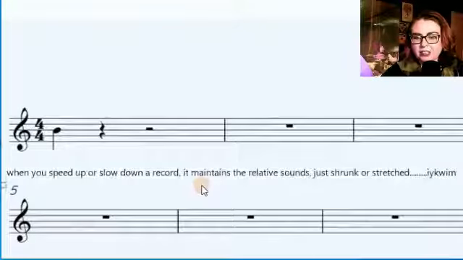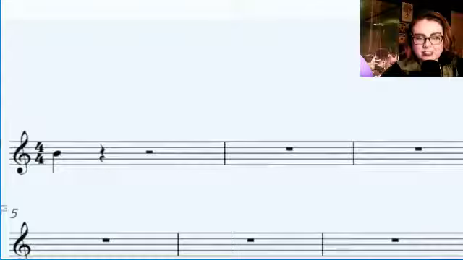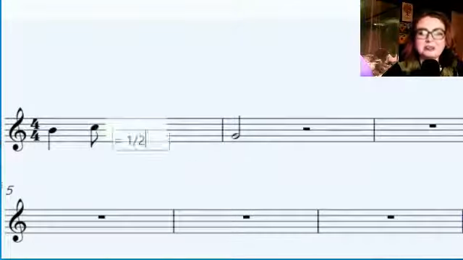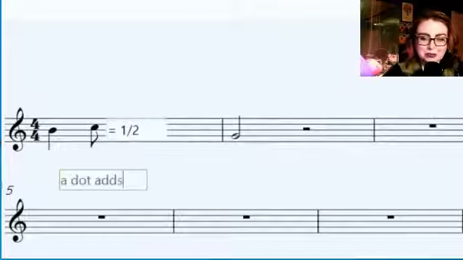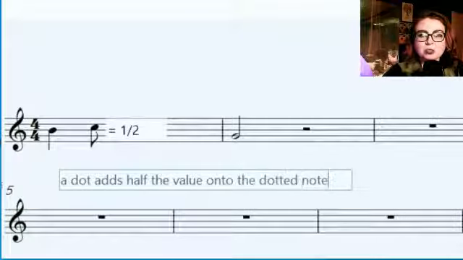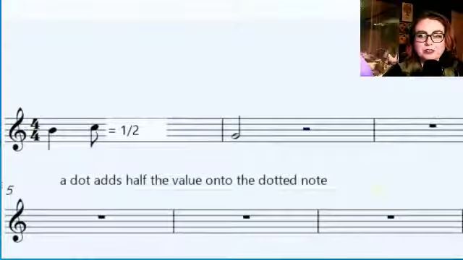So a crotchet isn't an international unit of measurement or anything. It's relative to the other notes around it, was what I was saying there. If you put a dot onto a note, it makes the note a half longer again.